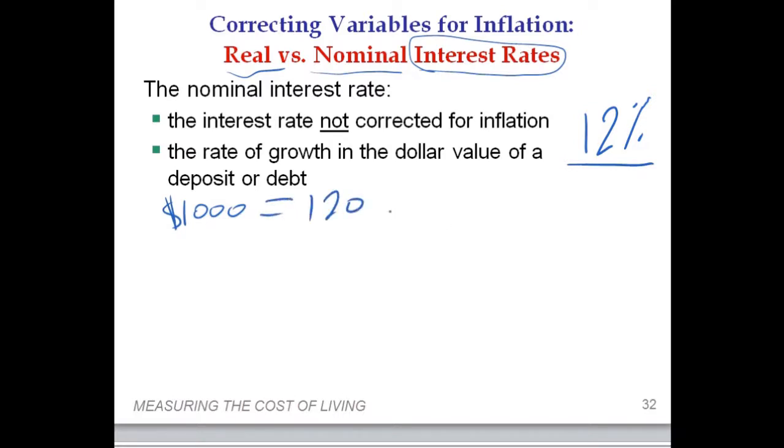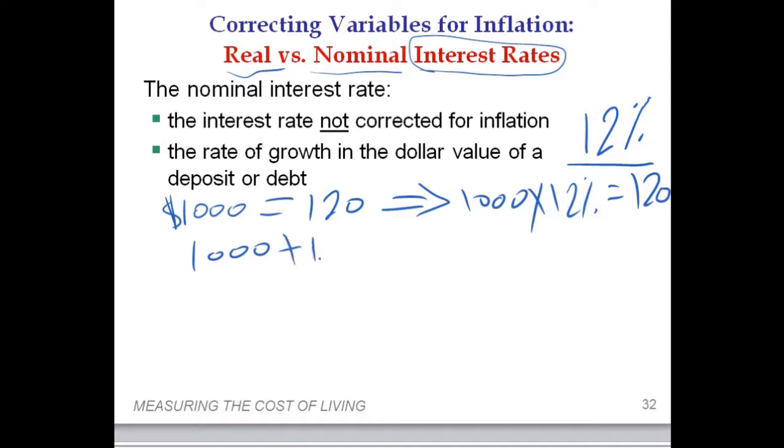The 1,000 multiplied by 12% equals $120. So by the end of the year, you will have your $1,000 plus the 120, so you will have $1,120. The 12% here is called the nominal interest rate.